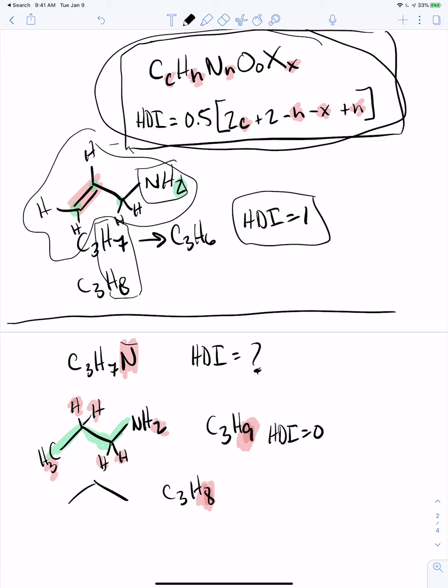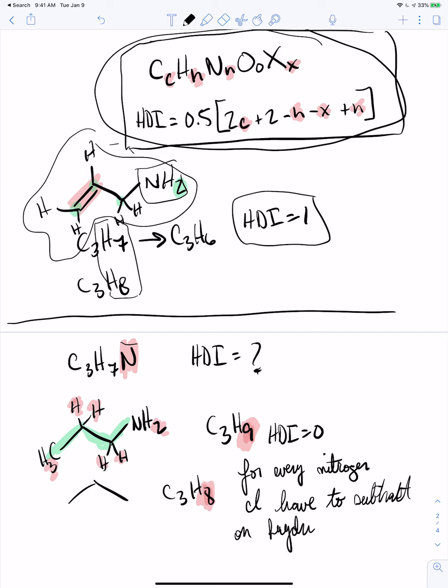So for every nitrogen that's in the molecule, I have to subtract 1 hydrogen out, since the nitrogen artificially inflates the number of hydrogens that I have there.